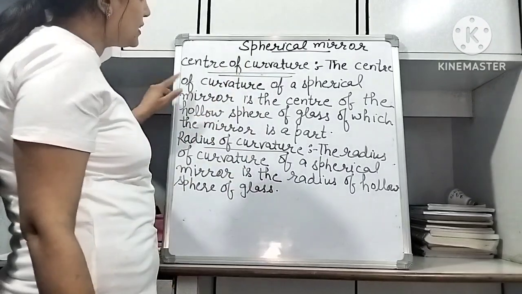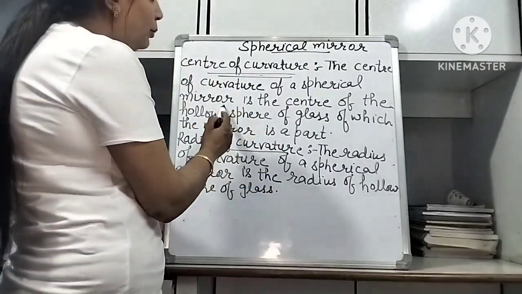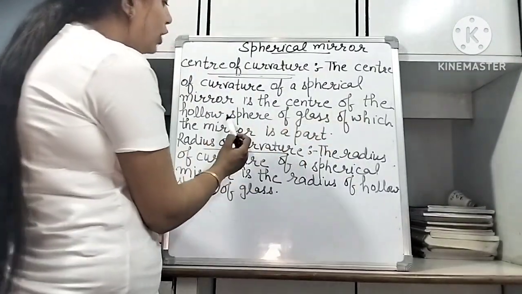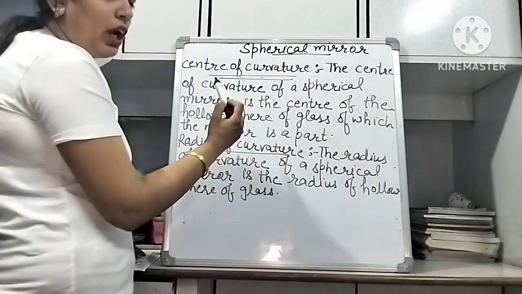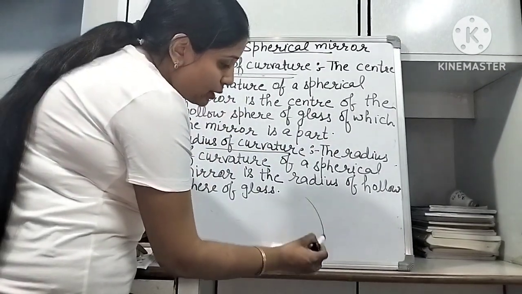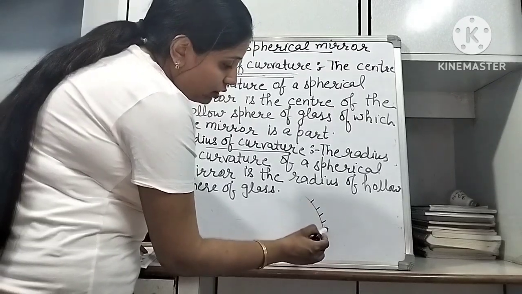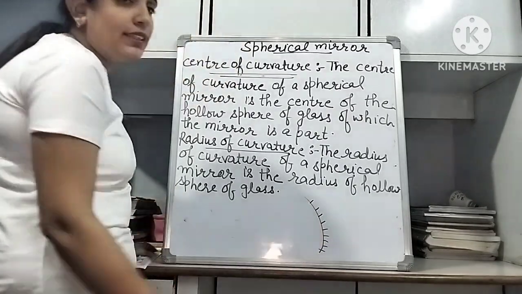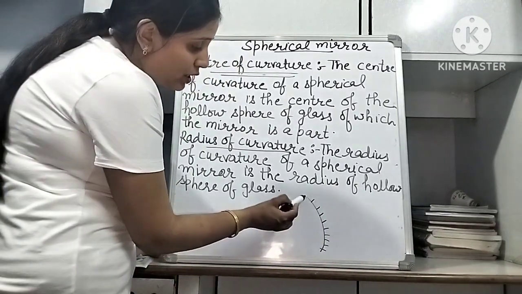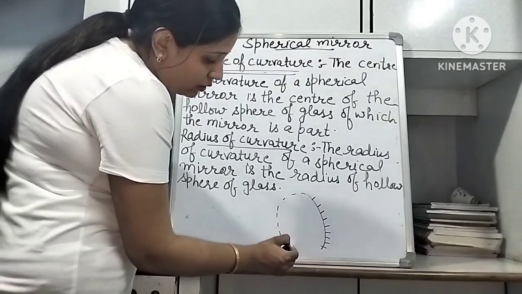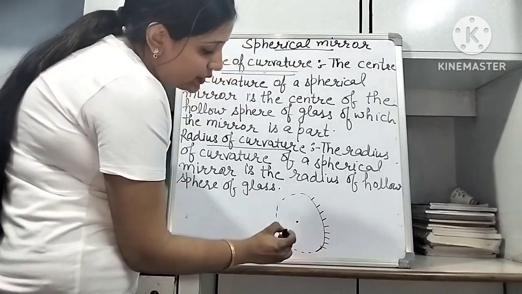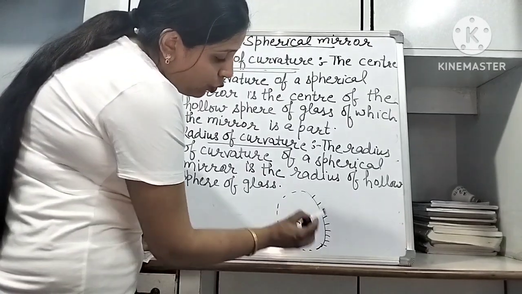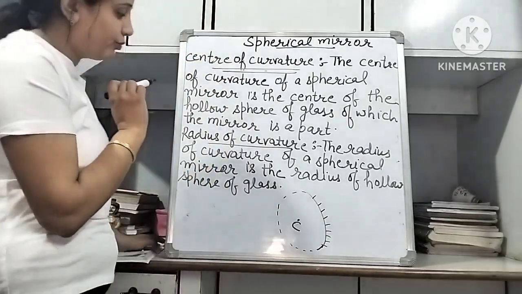Center of curvature. The center of curvature of a spherical mirror is the center of the hollow sphere of glass of which the mirror is a part. For example, this is a concave mirror, whose bent inside is the reflecting side. This mirror is made up of this hollow sphere. So the center of this hollow sphere is known as the center of curvature of this mirror.